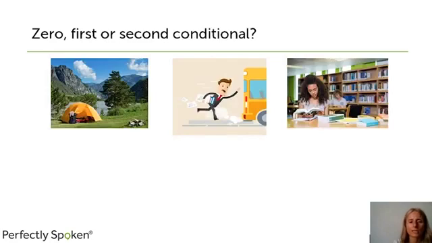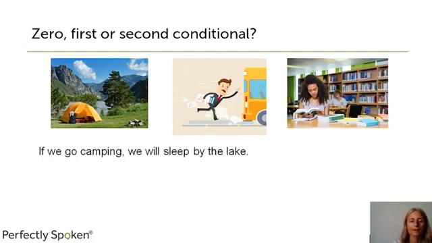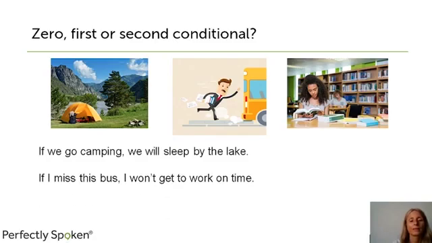What about these 3 sentences? Are they zero, first or second conditional? If we go camping, we will sleep by the lake. If I miss the bus, I won't get to work on time. If you study, you will pass the exam. Okay, zero, first or second conditional, what do you think?